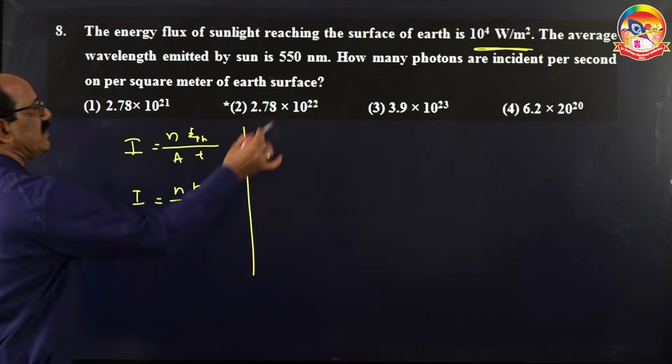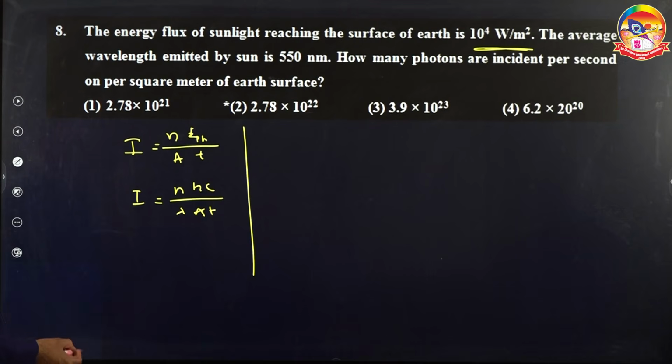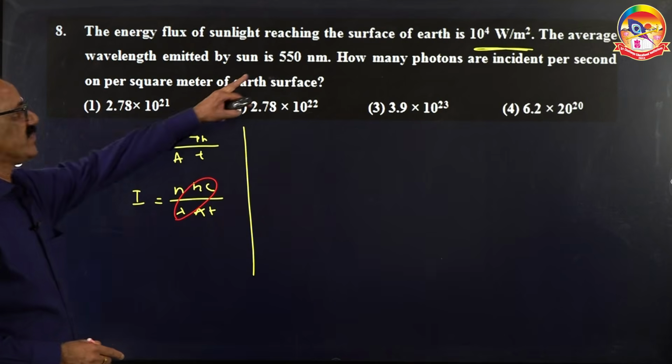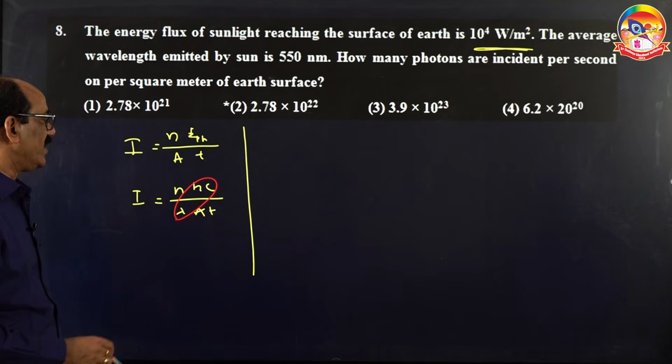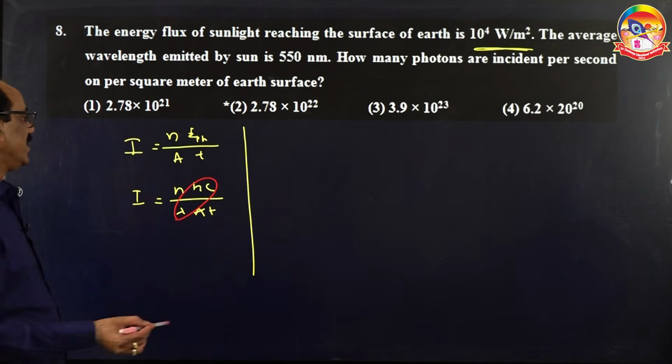If you try to simplify using this data, it will probably take a lot of time. So again we can go for an approximate shortcut relation: hc by lambda we can take as 1240 by 550, so that we get it in electron volt.